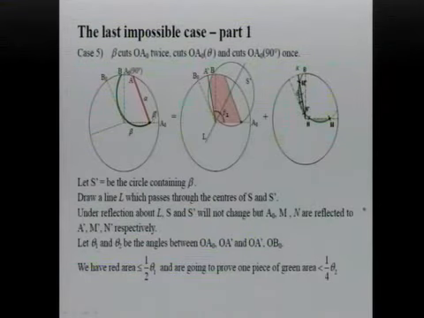For case 5, beta cuts OA log theta, and cuts OA log 90 degree once. As the green curve does not cut the line of 90 degree, we find the radius by reflection about the line joining the 2 centers of the 2 circles. Then we can compare these 2 closer paths which are in the green area.